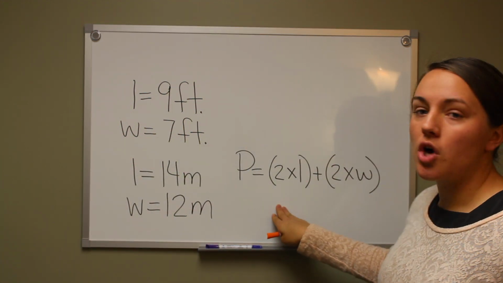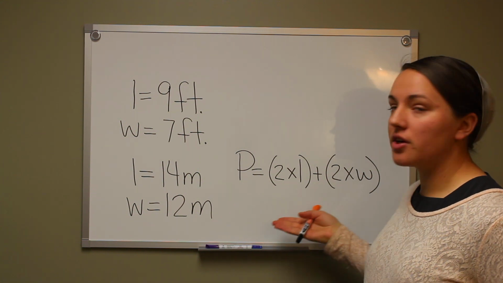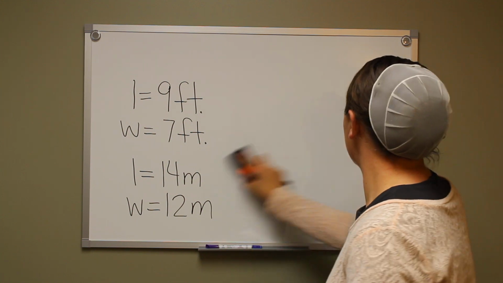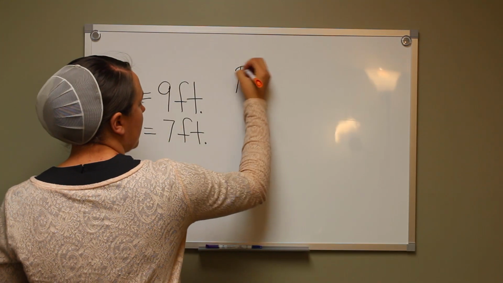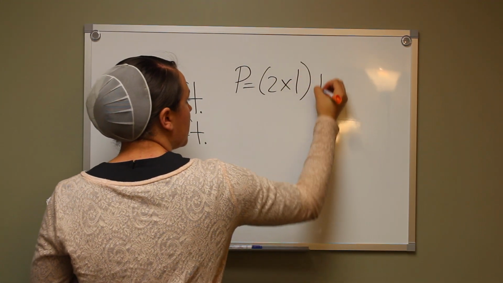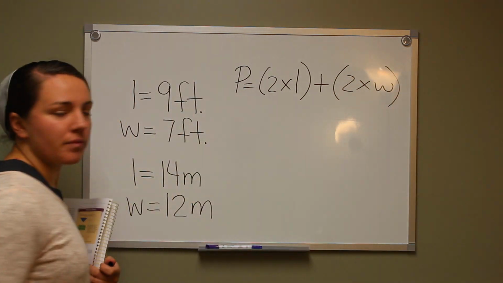So we can use our rectangle formula to measure the perimeter of a rectangle. Let's just move our formula up so that we can work with it. P equals 2 times L plus 2 times W.